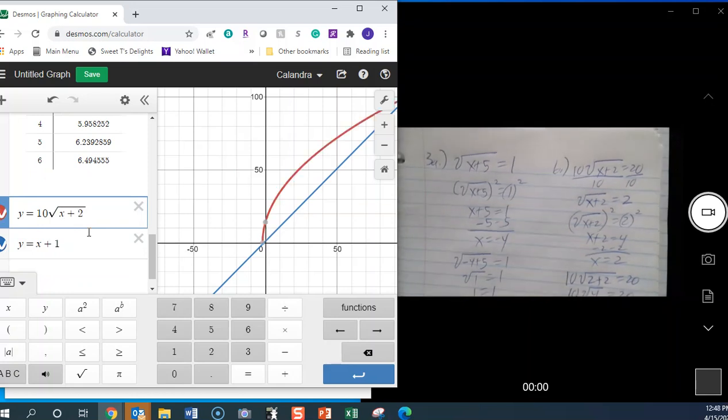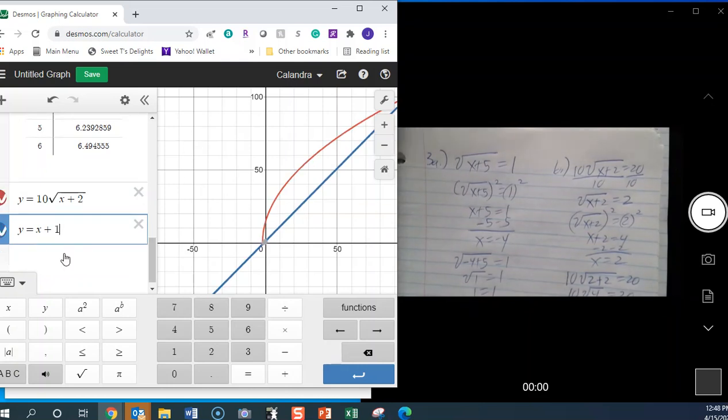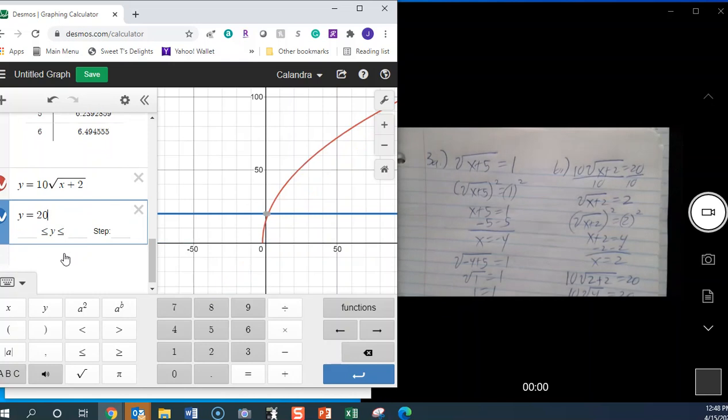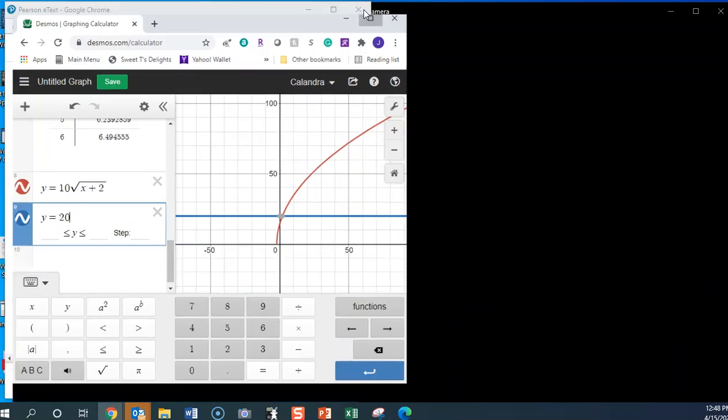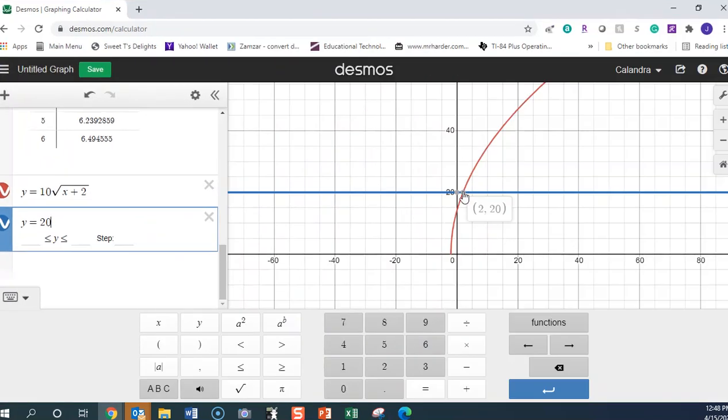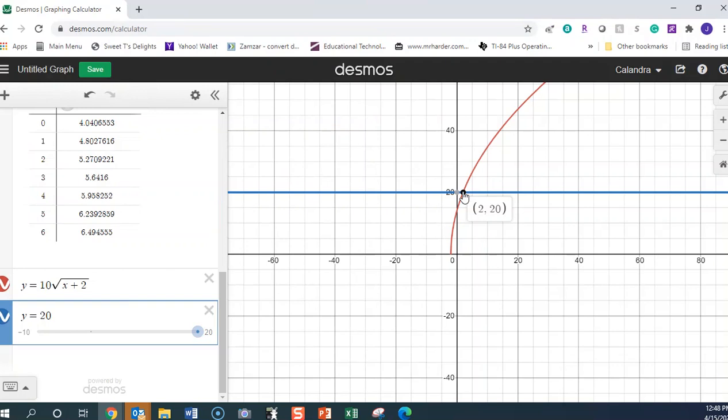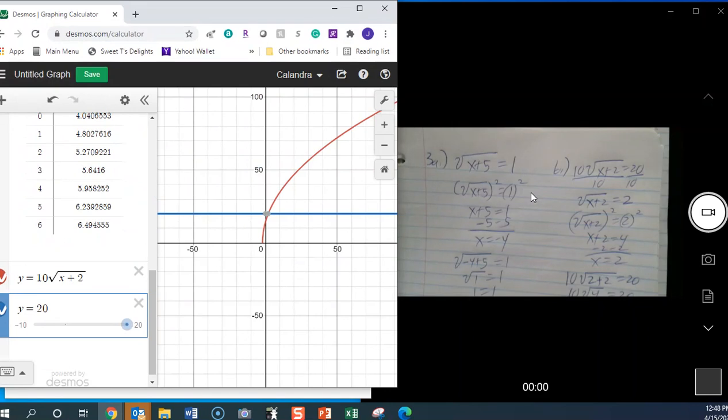Okay, that's one graph. Now the next, we'll do y is equal to 20. And then here, we can expand this out and we get their intersection point, which is at 2. And so we prove that it also works graphically. Now, we are actually done.